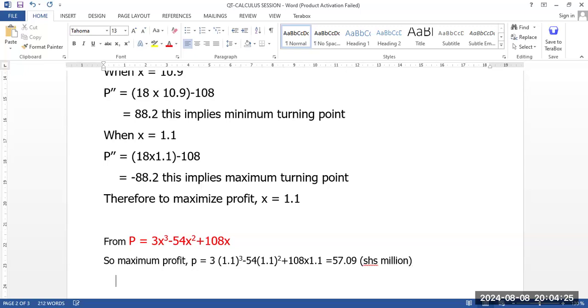If you get 57.09 times 1 million, what do you get? This is 57,090,000.